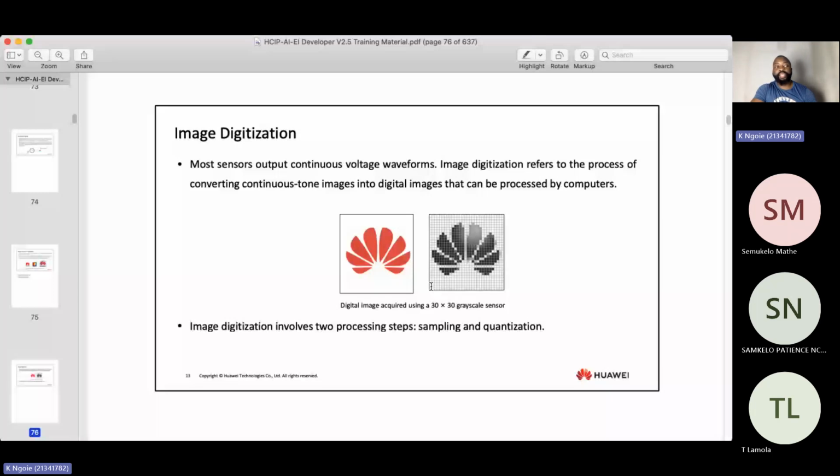You look at this pixel here at the corner, it's too light, so there will be a numerical value to that. This one is too dark. Each pixel will have a numerical value corresponding to the intensity, the brightness, or the color. All right. So the digitized image can then be processed and analyzed by the AI algorithm.